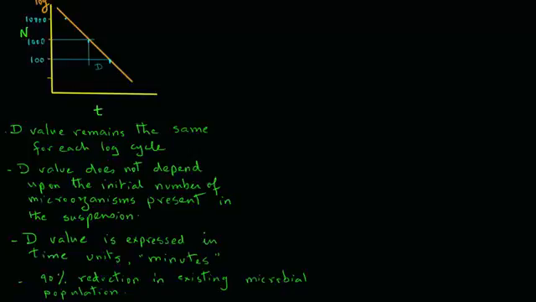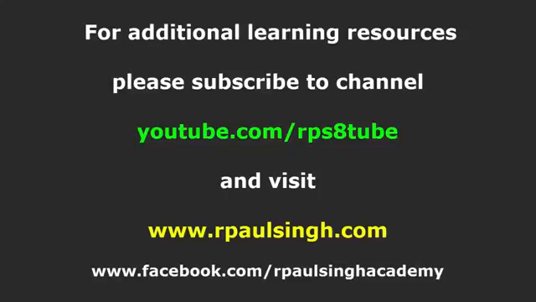A large D value signifies that at that constant temperature, the 90% reduction will take much longer than another component in the food that may have a shorter D value. Again, we will consider these features about D value in a separate tutorial.